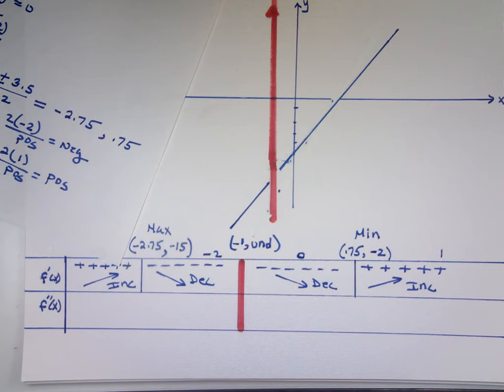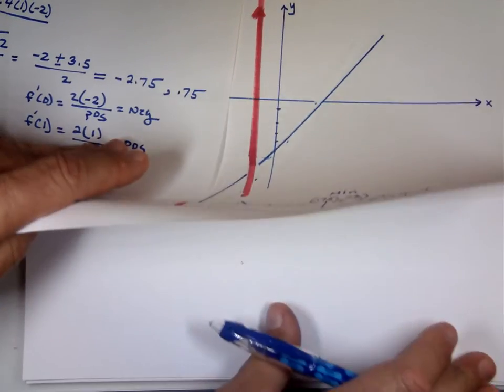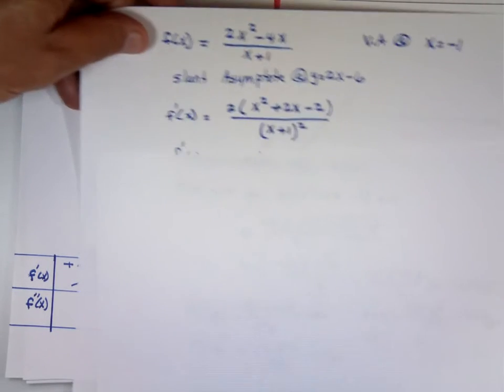Now I got to take the derivative of the derivative to get the second derivative. And the good news is I plugged it into my calculator here, and my calculator just told me the second derivative, you're going to like the answer.